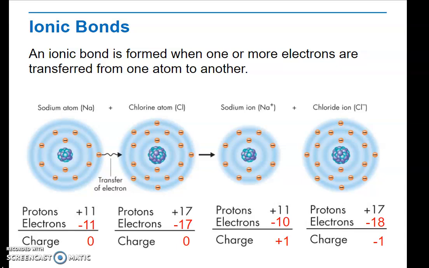That is, an ionic bond is when one electron is transferred from one atom to the other. So if an atom gains an electron, it has a negative charge and becomes an ion. And an atom that loses electrons becomes positively charged and becomes an ion.